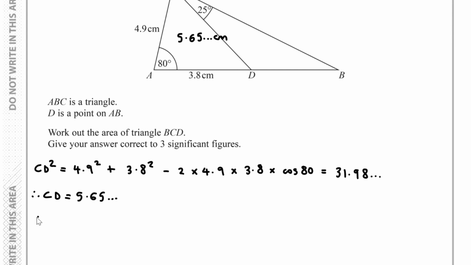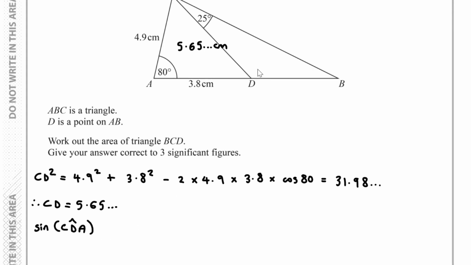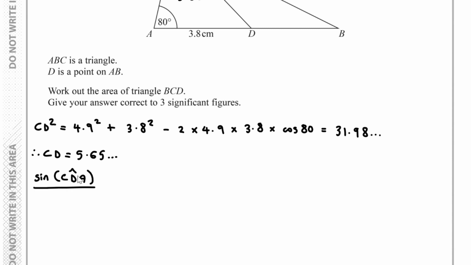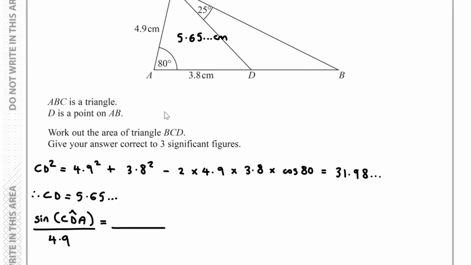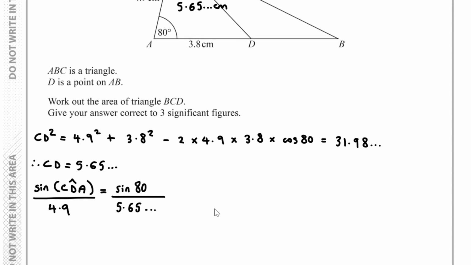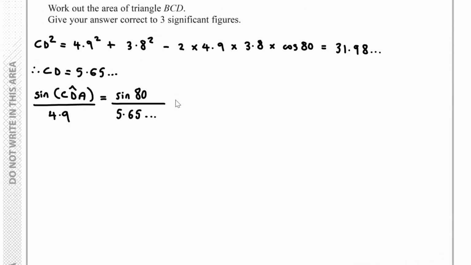We've got the sine of CDA over 4.9 equal to the sine of 80 over 5.65, etc. So therefore, we can work out the sine of CDA to equal sine of 80 over 5.65, etc. multiplied by 4.9.